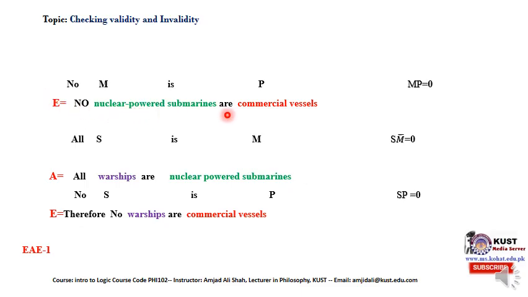So no nuclear powered submarines are commercial vessels. No M is P, which means MP is equal to 0. All warships are nuclear powered submarines. So all S is M, which means SM bar is equal to 0. Therefore no warships are commercial vessels. So no S is P, SP is equal to 0.